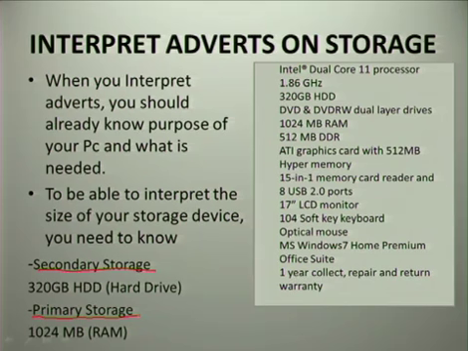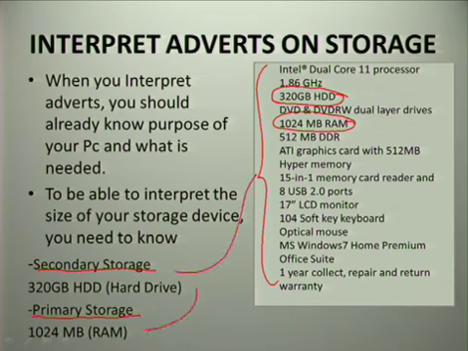From this, you can see that we have a 320 gig hard drive and 1024 megabytes of RAM. Those are the 2 types of storage that we have, and remember, one is permanent and one is temporary. Whenever you see an advert, you need to be able to know which items from the list indicate our primary as well as our secondary storage.